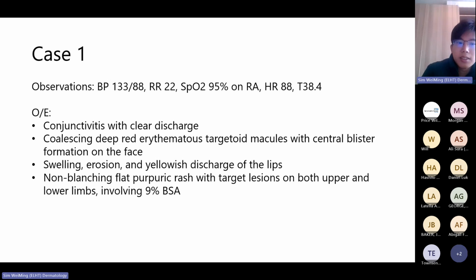On assessing her, you've noticed some conjunctivitis, some coalescing red erythematous targetoid-looking macules with central blister formation on the face. There's swelling, erosion, and yellowish discharge on the lips. She's got the same targetoid-looking lesions on the upper and lower limbs, and it's less than 10% of the body surface area.